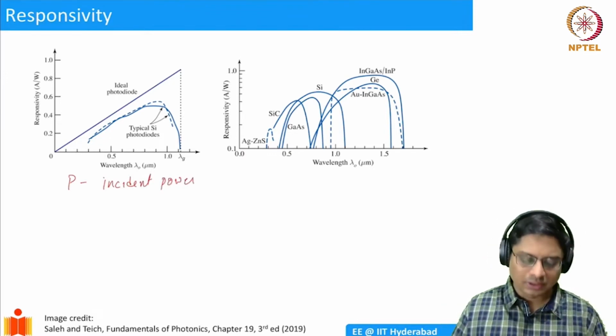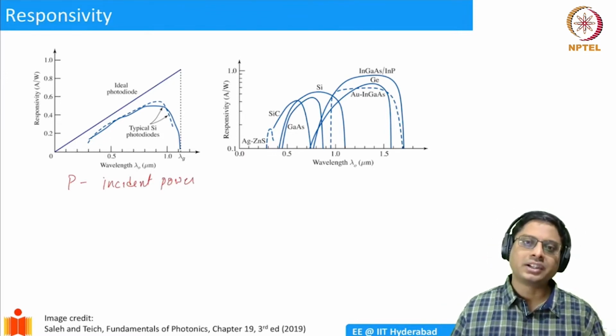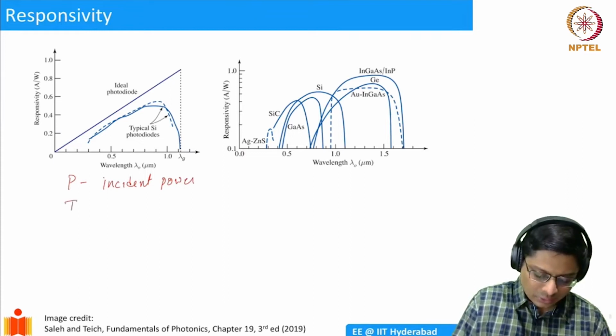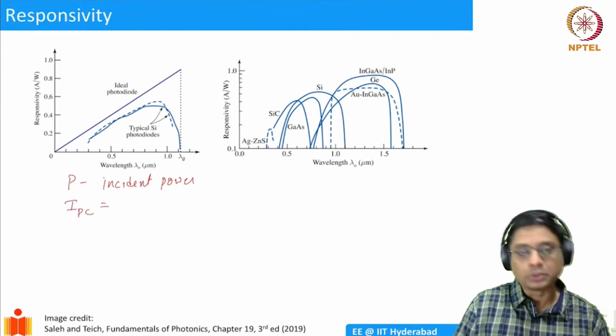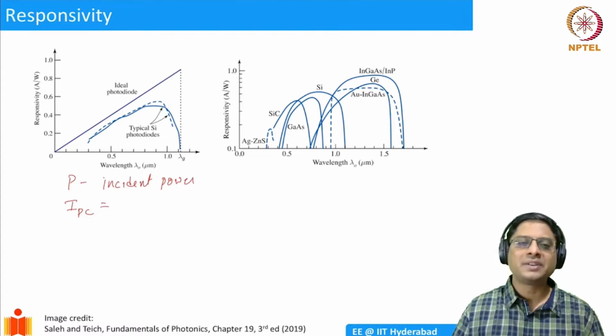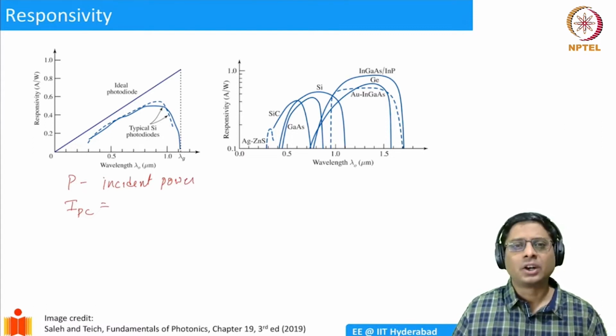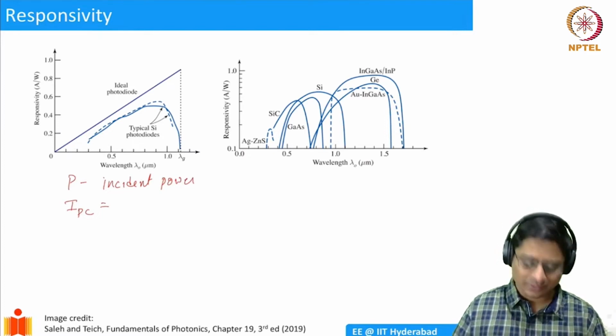How much is the current that is produced? We would like to estimate that, and that can be captured by what is known as responsivity. So the photocurrent is going to be equal to what? If you have an incident power, that is going to have some definite flux of photons. How many photons are there per second? We can compute that. We have done it in the past.